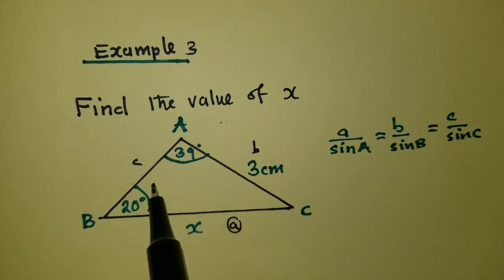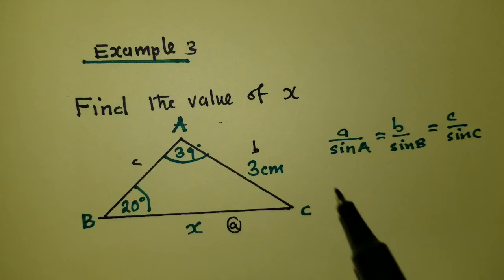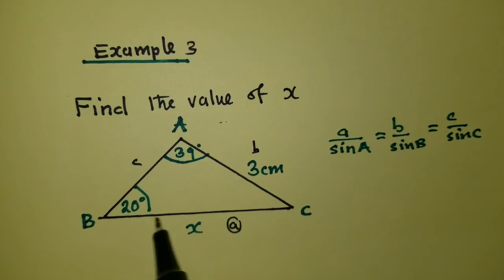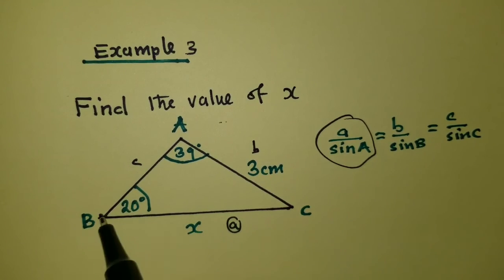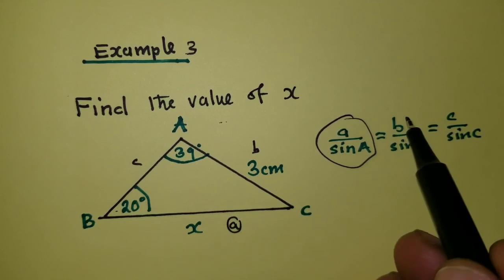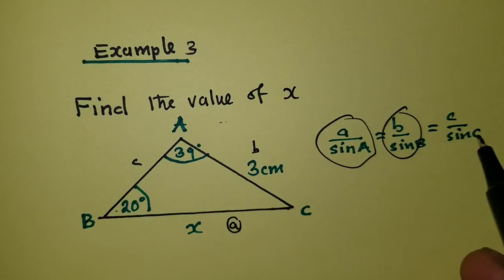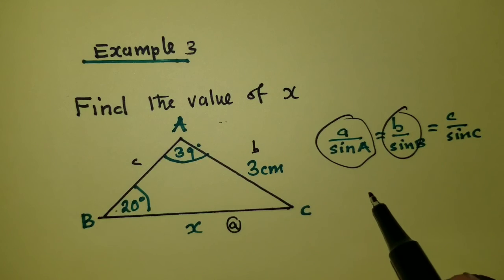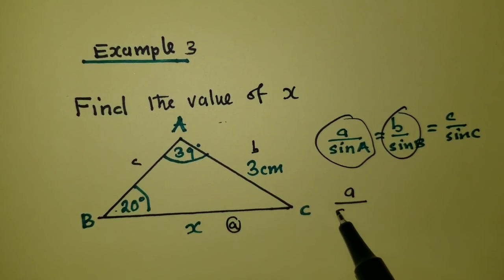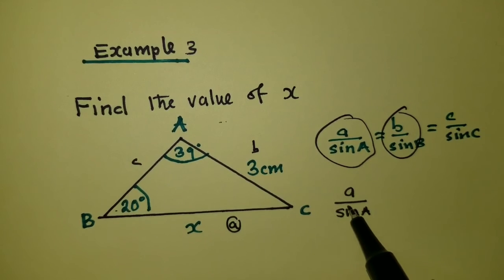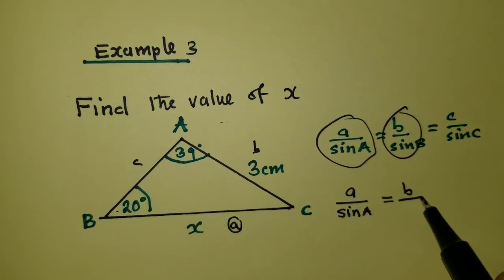Small letter c, it's here. So the terms that are involved are a and b. So a is working. b is also working. c, we don't have anything. Forget about it. So we shall say a over sine A is equal to b over sine B.